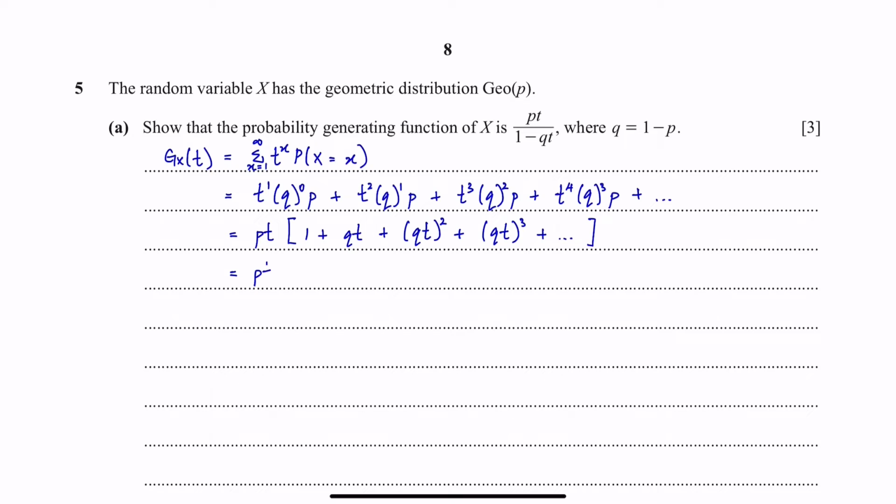So the sum to infinity, we have the formula as a over 1 minus r, right? So a would be 1 and r would be qt, since we multiply the value by qt each time. So the final value would be pt over 1 minus qt.